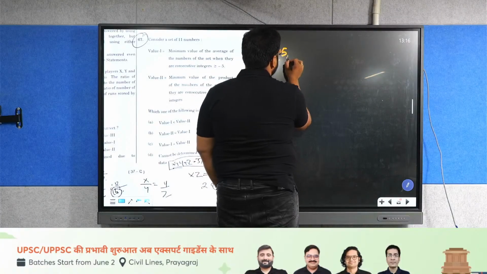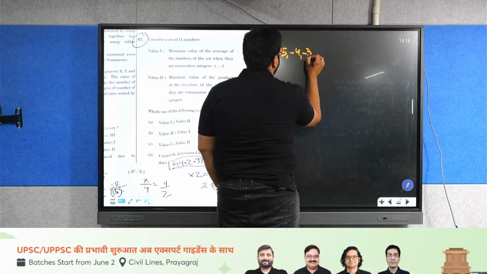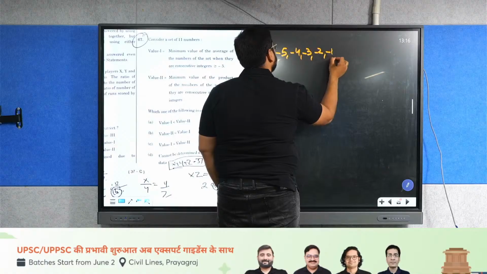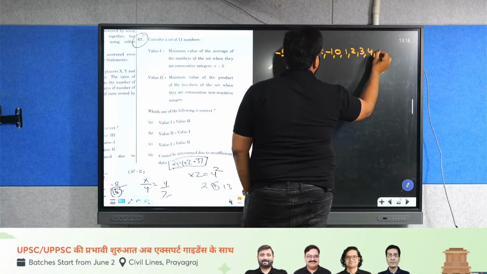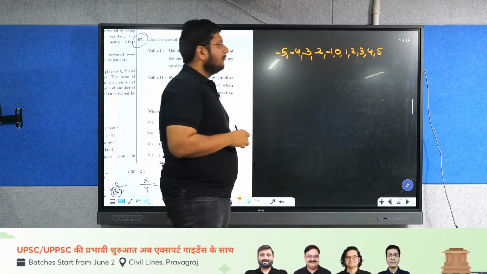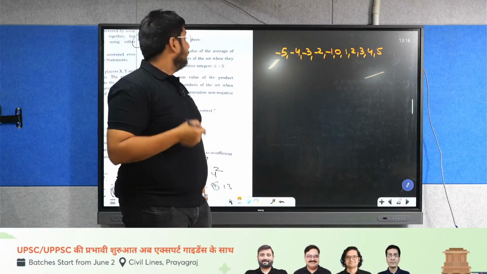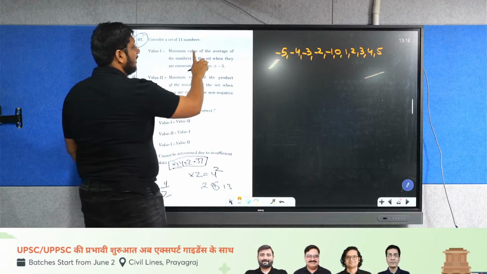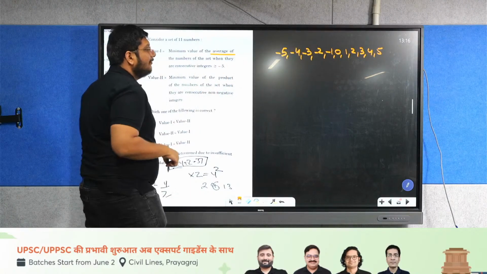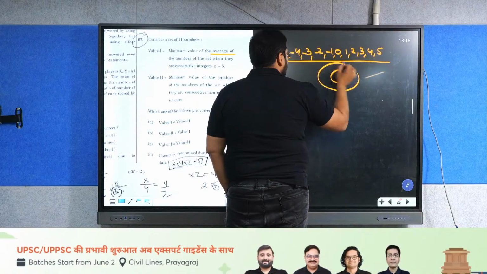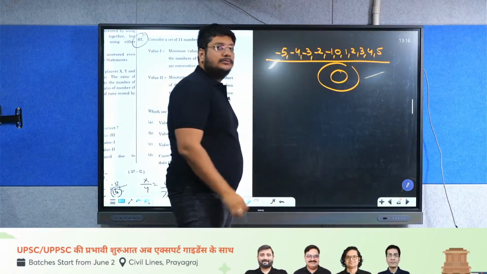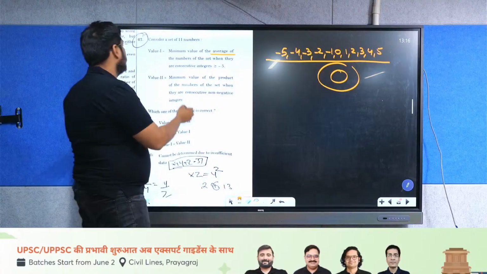Minus 5 because it's consecutive. Correct? It says maximum value of the average. Average would be 0. Why? Because the sum of this would be 0. So this is 0.